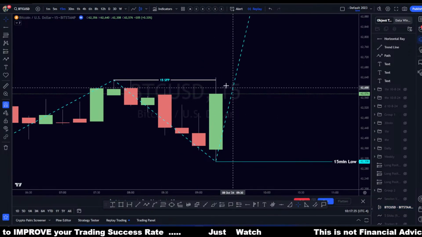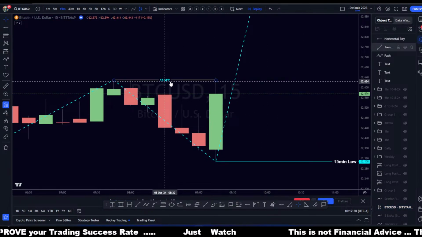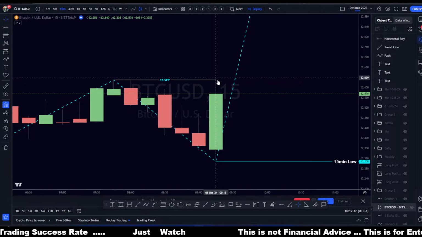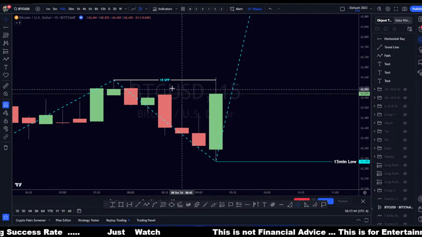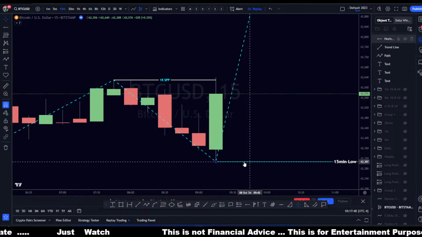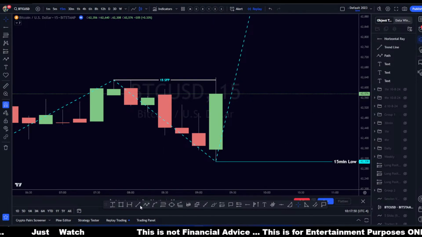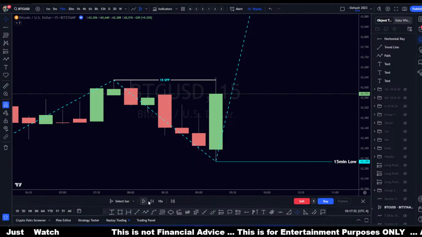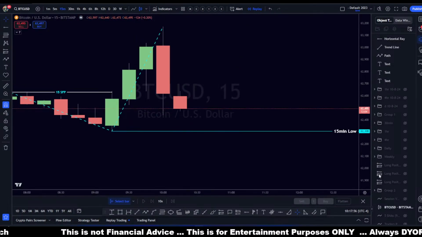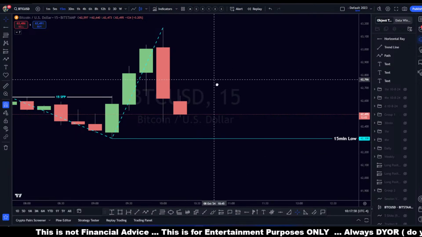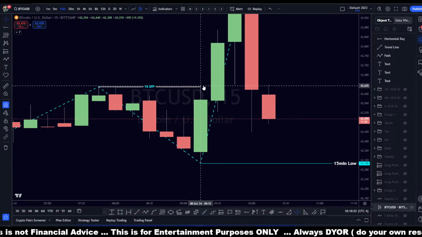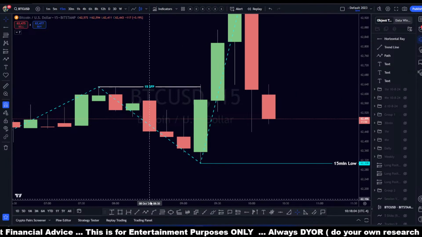Okay, so this is what we're looking at. Swing failure pattern. This is saying, okay, this is the high, this is the low. Because we have selling pressure, this becomes the weak low. Then the very next candle prints, and it prints a close above this level.